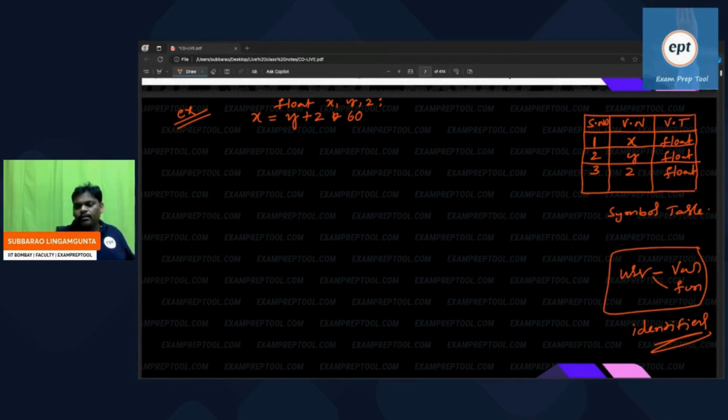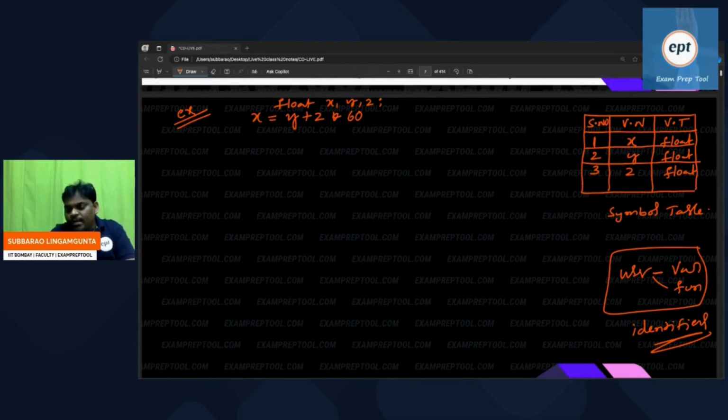When you say Turbo C compiler is installed, what is the meaning of compiler installed? Compiler is a software. Software is installed means indirectly that software is telling your computer that only these operators and these keywords are allowed. Remember, compiler is nothing but a set of rules.